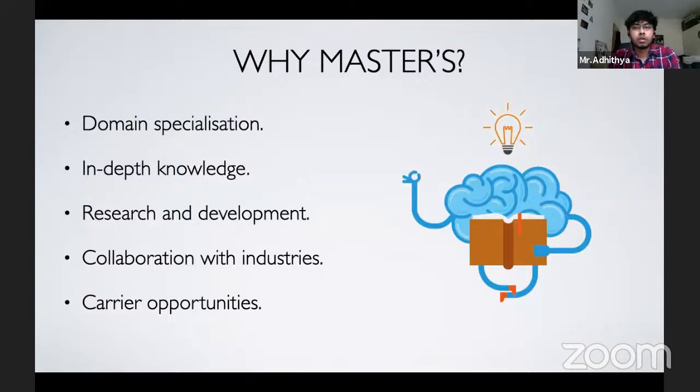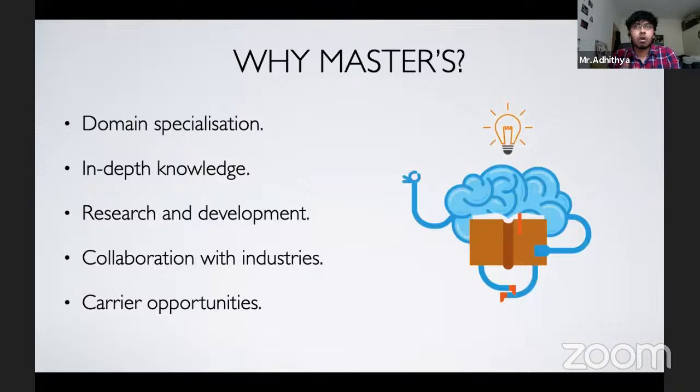So most of the studies related to a master's will be research oriented, and by that research oriented work, you also get to collaborate with institutes and different industries. So this collaboration actually helps you to see more on how the workflow of actually reaching an end product or a final device is.